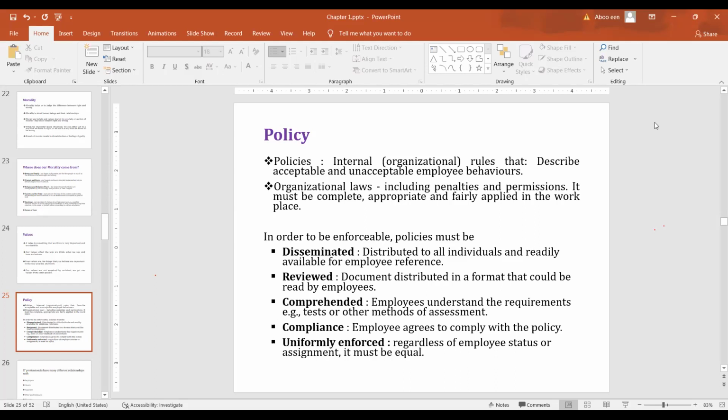Okay, policies and organizational laws have a close relationship. So some of the organizational laws come under policies. So a set of rules and regulations can come under these policies, organizational laws, and these organizational laws can be some sort of policies.